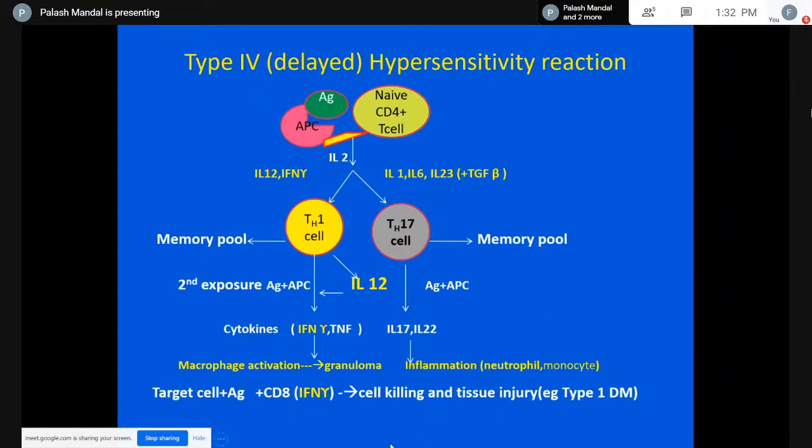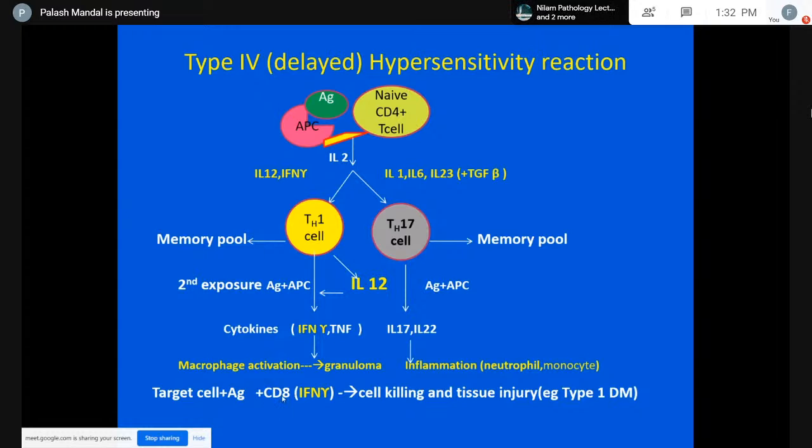And in the next category there is CD8 cell activation. Why the second category? Because if you consider the first as 1, this is second category. So let us consider this whole thing as 1. So the second category is CD8 cell activation.